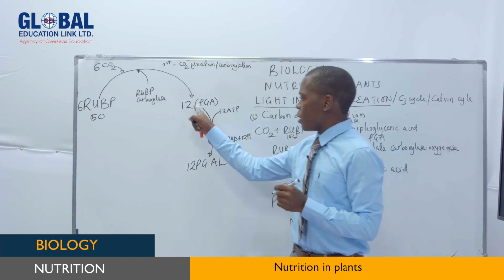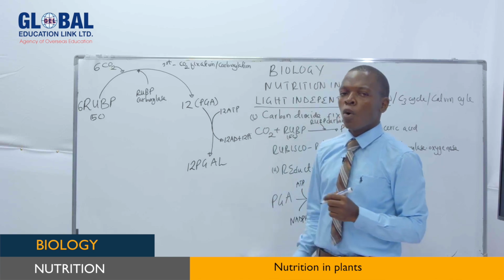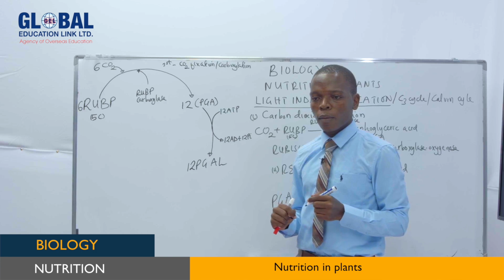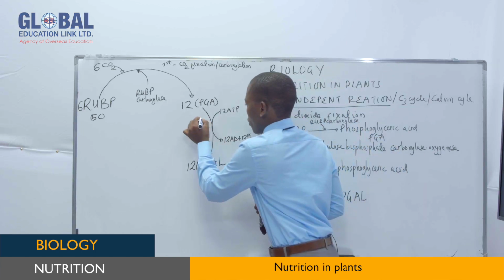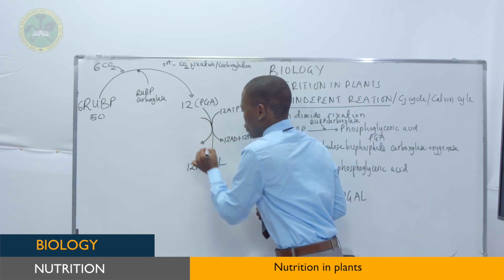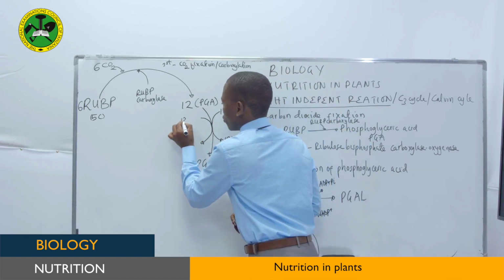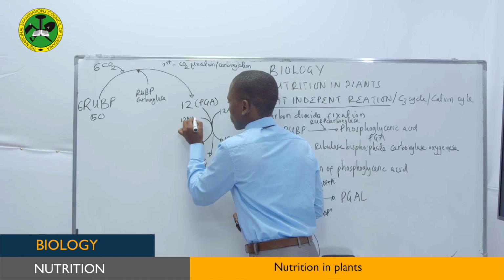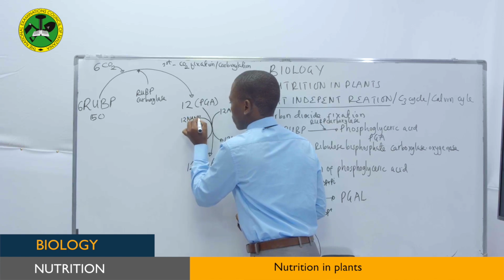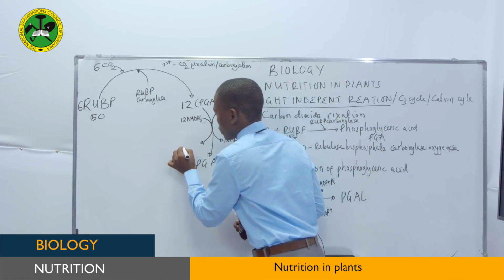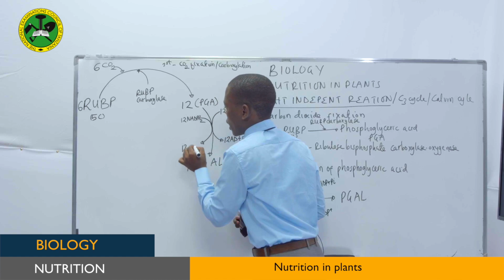Again, because we have 12 molecules of PGA, we need 12 molecules of reducing power, which will produce 12 molecules of oxidizing agent.